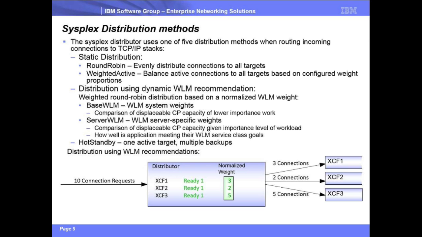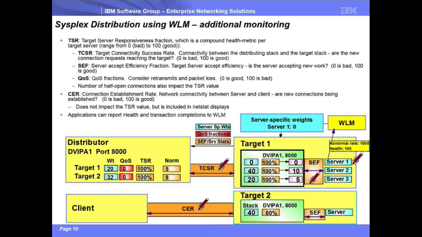When WLM, either base WLM or server WLM, is being used, there are additional factors that can be taken into account as distribution occurs. So the first one up there is the target server responsiveness fraction. And this is a metric that's based on the target connectivity success rate, and that's shown below.